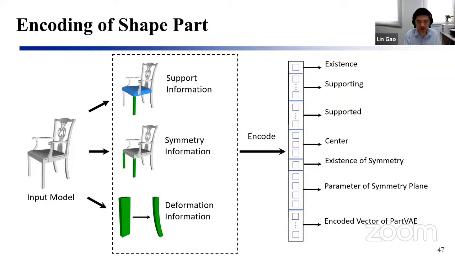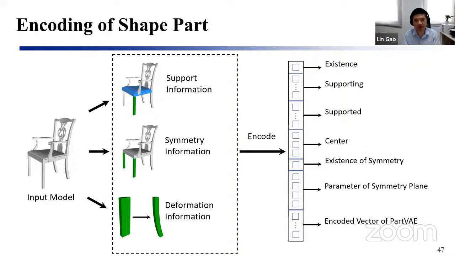For the deformation detail, we could use the variational autoencoder to encode the geometry detail to get the encoded vector of the VAE. We name this vector the part VAE. And then given each shape, we could get a vector.